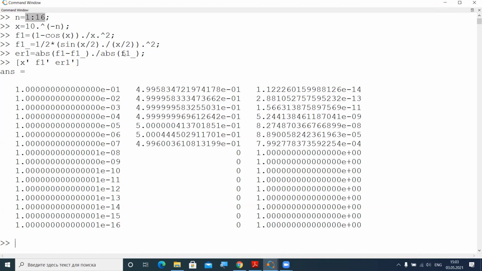That's why we put a dot here. If it is just a coefficient, we don't put a dot here. For example, x over 2, this is just 1 over 2. This is not a vector. But when we divide vectors, we put dot division, point division. When we multiply or when we do powers, etc.